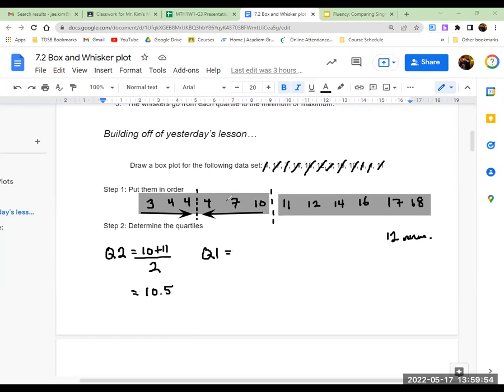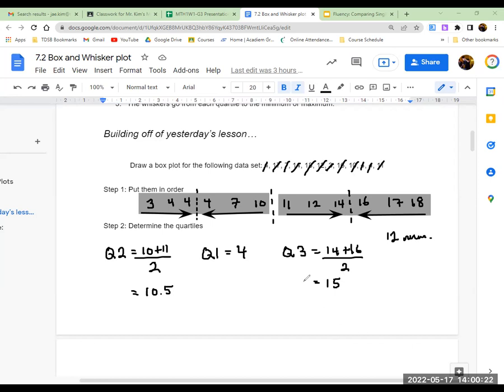A number between 4 and 4, the average of 4 and 4 is 4. And then Q3, I have 3 numbers and 3 numbers. This one it looks like I do have to calculate. Q3 is the average of 14 and 16. If you have a number line drawn in your head, you know that that's going to be a number perfectly between.